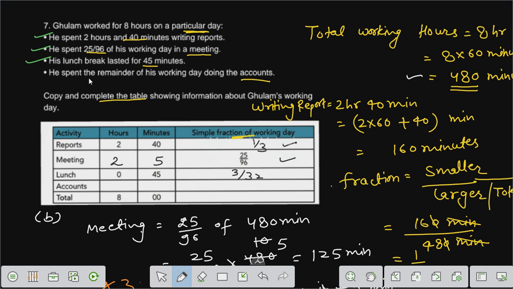So the remaining is he spent the remainder of his working day doing the accounts. So what is the remaining time? Total time is 8 hours, and we have used 2 hours and 40 minutes, 2 hours and 5 minutes and 45 minutes in total.